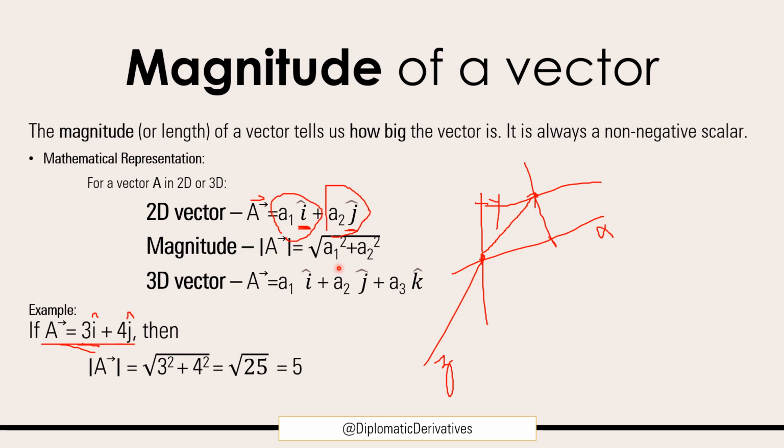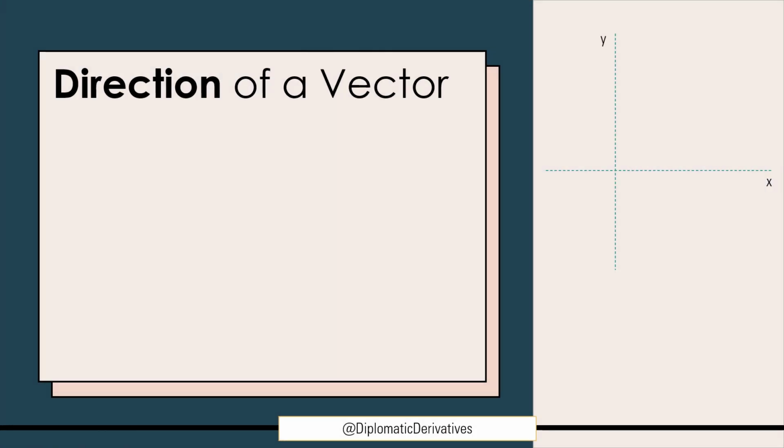If you're talking about 3D vectors, you will just add plus a3 squared, under root the entire thing: a1 squared plus a2 squared plus a3 squared. That's about magnitude. We'll be doing many exercises so you will be able to understand it clearly.